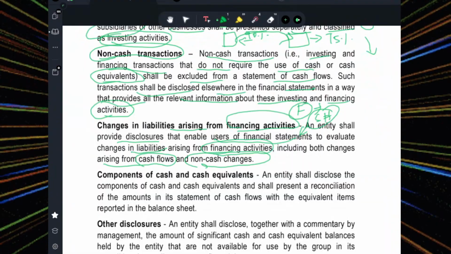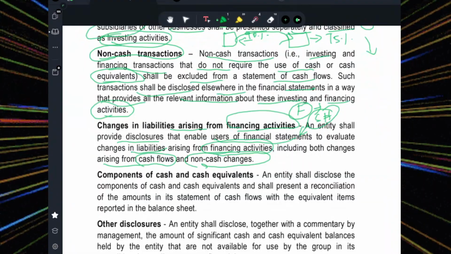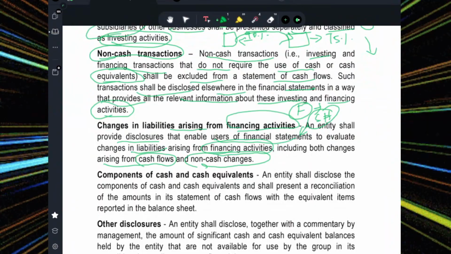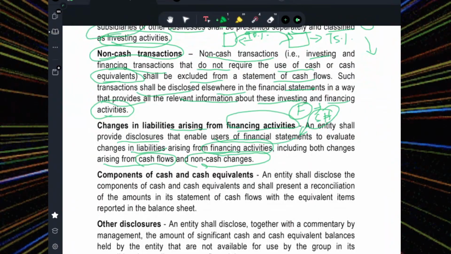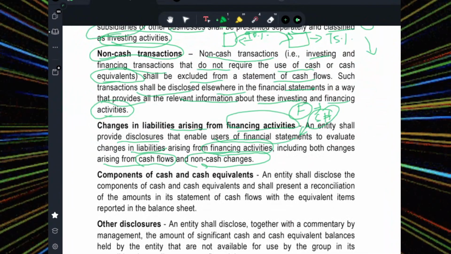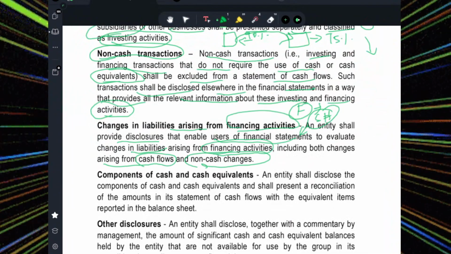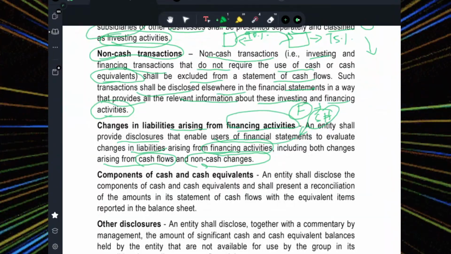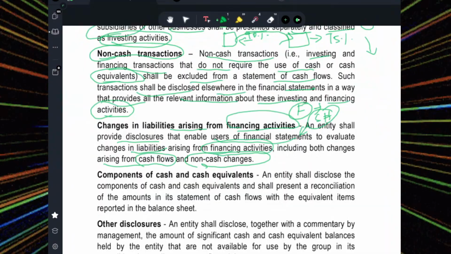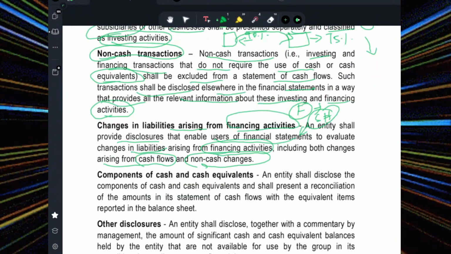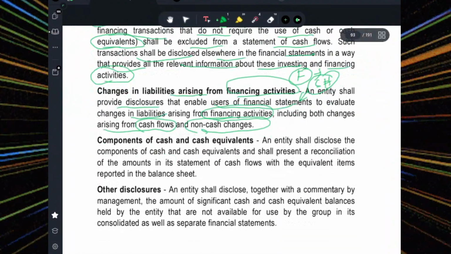In the financial activity, what will be there? So I got a loan, I repaid the loan. You should disclose I have repaid. I got a new loan, you should disclose. I have a lease. I acquired a lease for 3 months. I sold a lease for 3 months. Some kind of financial activity should be there.